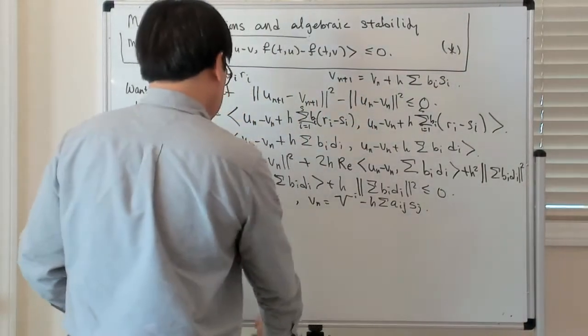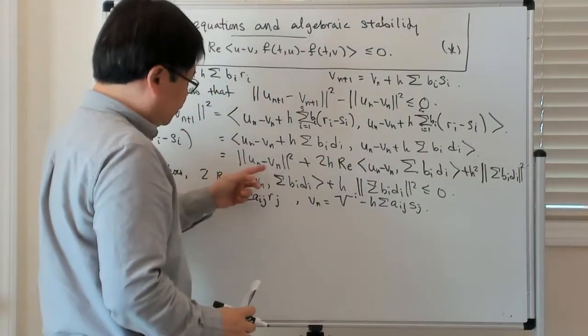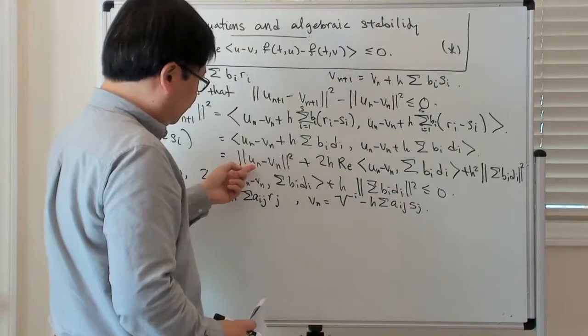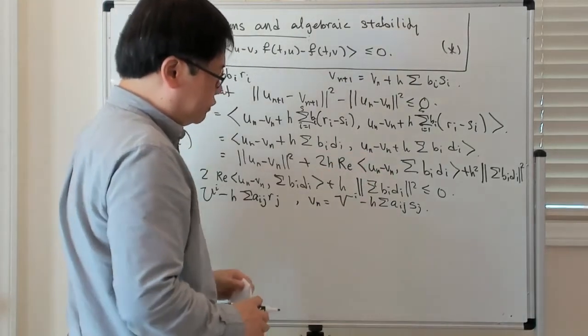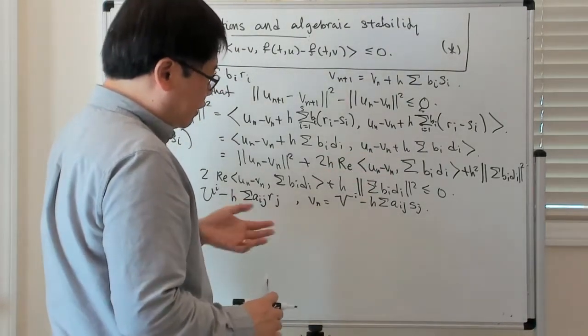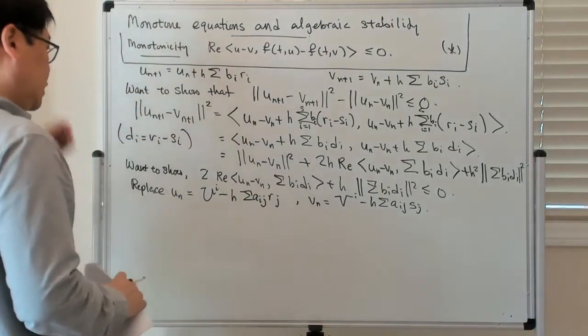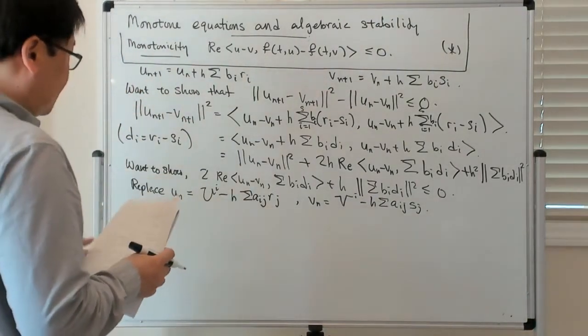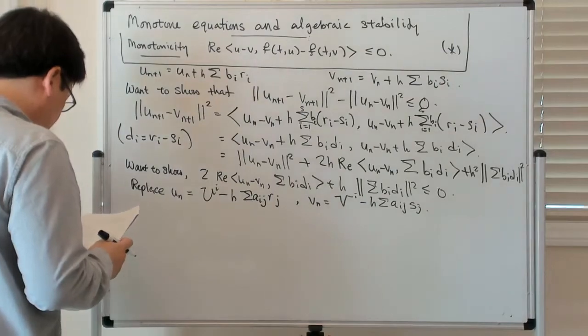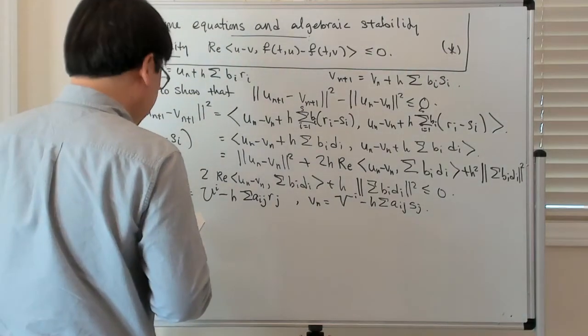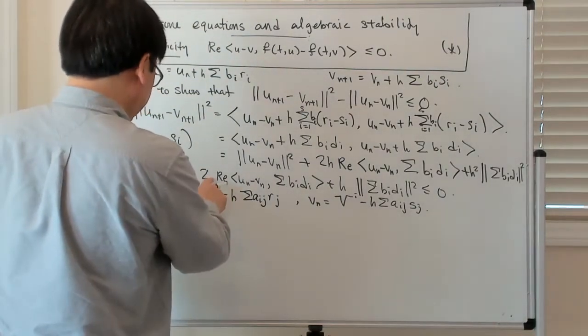The advantage of doing that is that now you've gotten rid of everything which involves un and vn. You just have a whole bunch of things which depend on the defects. So when you do that, we're going to rewrite this.